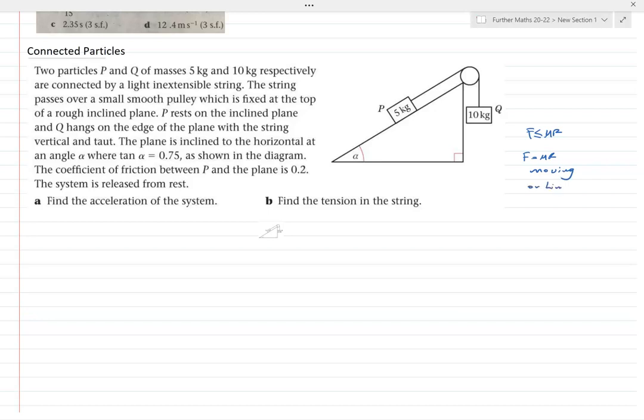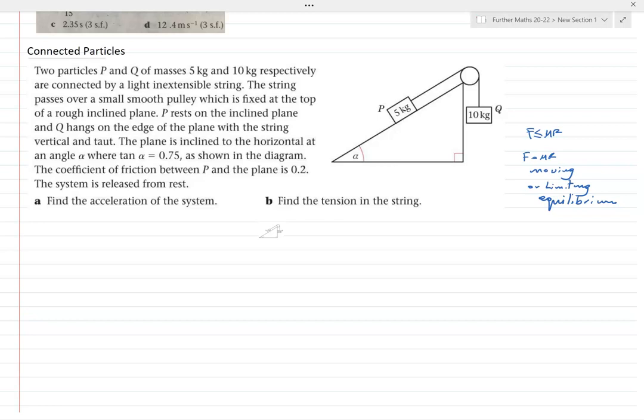So that makes life a little bit easier in these situations. Although there's more equations to work with, the model basically is simpler from a frictional point of view, because that's just equal to mu R. You just have to get it in the right direction because it goes to oppose motion.